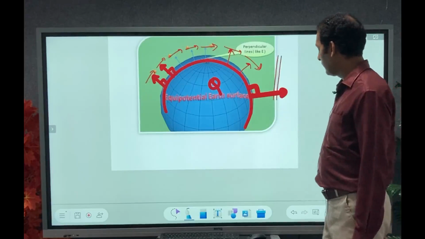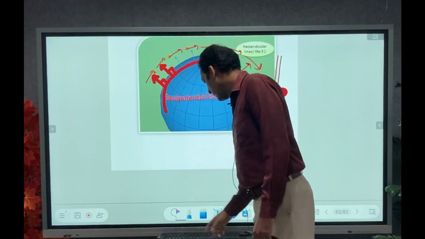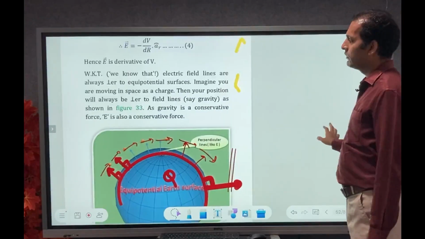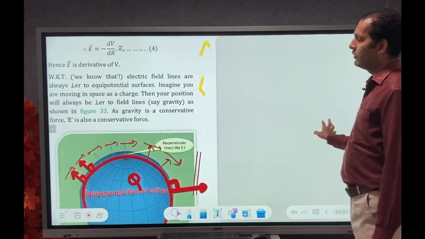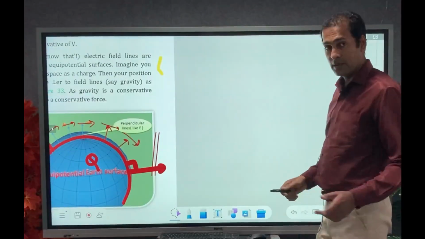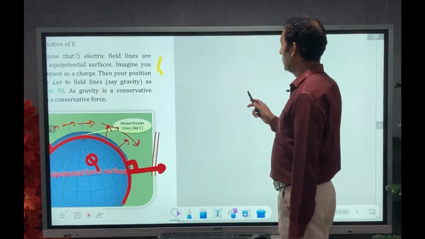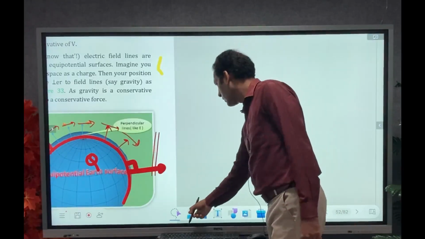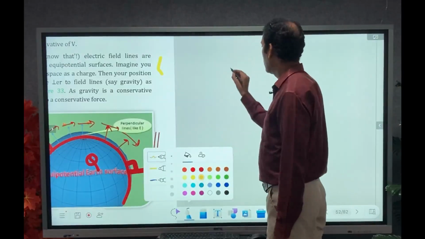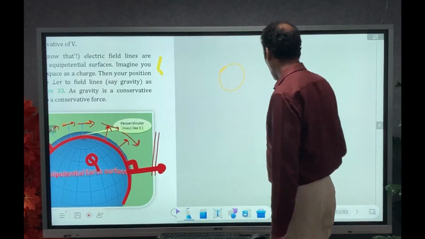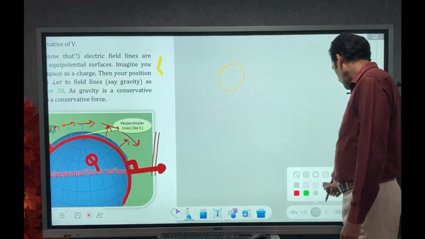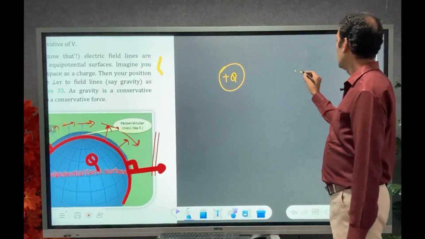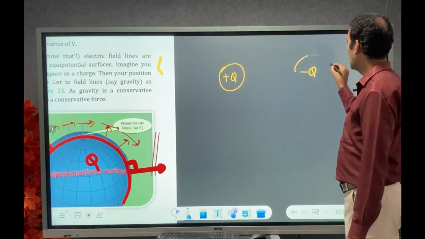So the equipotential surface is also a very important concept we have to realize, because most of the time we consider the equipotential surface. Always we have to remember that electric field intensity is always perpendicular to the surface creating it. The most basic component that creates it is a charge. So suppose we consider two charges, one is say a positive charge and another one is say a negative charge.